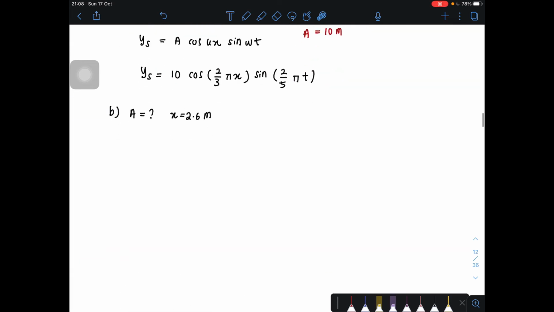So that will be the formula. Just masukkan di mana A adalah 10, cos k tadi adalah 2 over 3 pi, and then x you just masukkan 2.6. So tekan calculator, you will get it is equal to 6.69 meter.